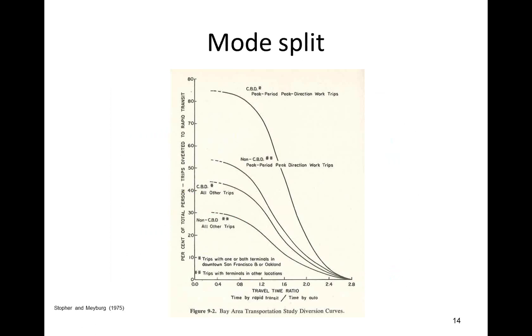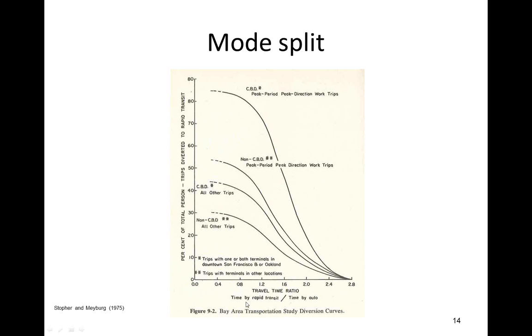The next step is mode split. The graph in front of you is a rather old one, but it illustrates the point quite well. This is an empirical graph developed in 1975 for the Bay Area Transportation Study in the US.